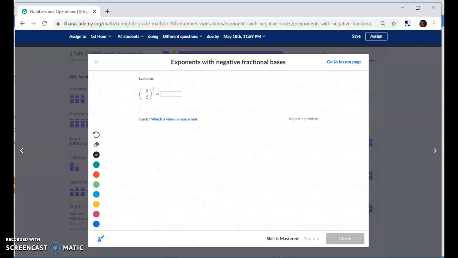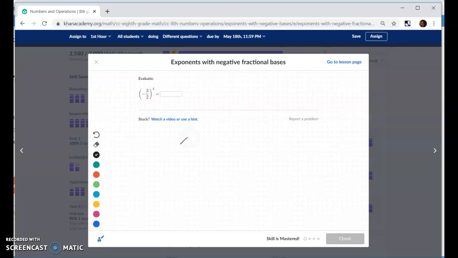What you can think of this as, you can break apart the numerator and the denominator. And because this is an even exponent, our answer will be positive. So I'm going to ignore the negative, because a negative times a negative is going to give us a positive, and we have 4 negatives, so that's going to give us a positive.